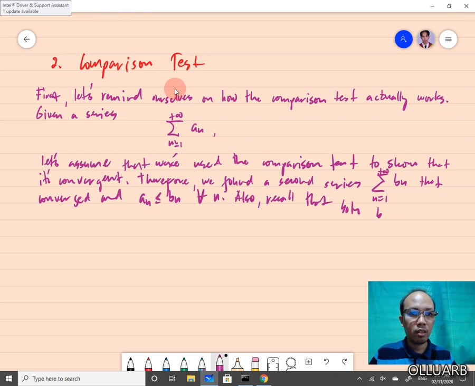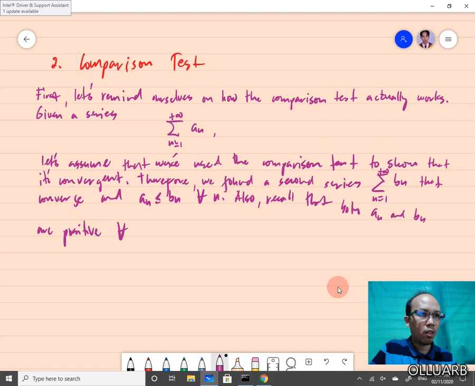Okay, so let's wait for the program to respond again. Both a sub n and b sub n are positive for all n. And then in the previous discussion we want to know how good a job the partial sum is in estimating the actual value of the given series.